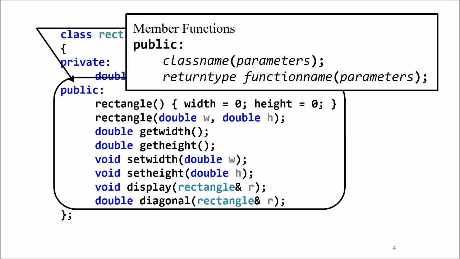So these are the member functions. They're all listed as public, which means that we have access to these functions by means of function calls from the main function of our program. They follow either one of two forms. The first two functions are constructor functions, and it says class name and parameters.